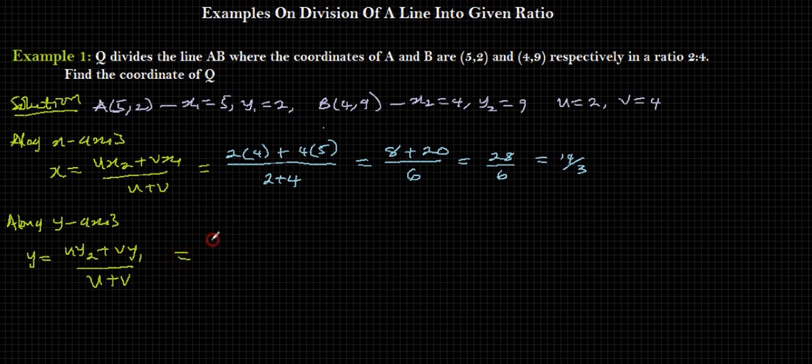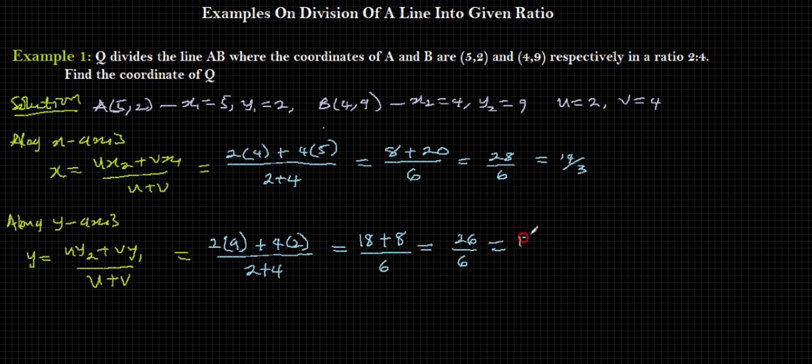We have u to be 2 and y2 to be 9, plus v to be 4 and y1 to be 2, and this is divided by 2 plus 4. So 2 times 9, we have 18, plus 8, divided by 6. 18 plus 8 is 26 divided by 6. This will be equal to 13 divided by 3.